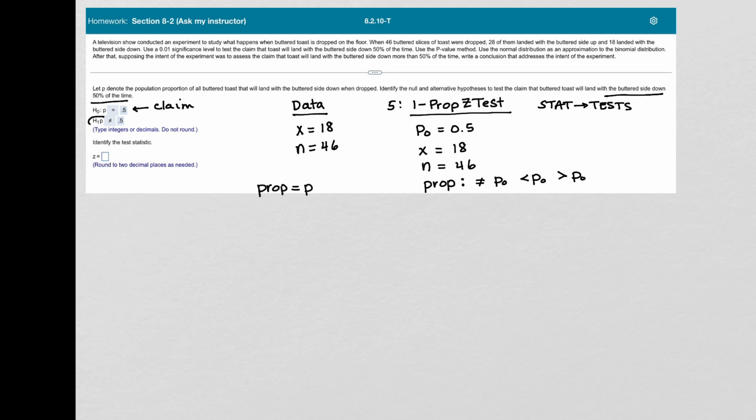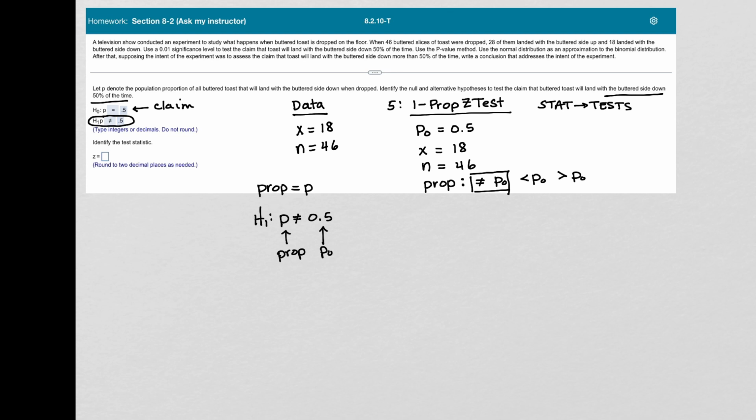So we're looking at the alternative hypothesis, p is not equal to 0.5. The p here is the prop, and the 0.5 is p naught. So we're going to choose not equal to p naught for this particular instance. But just keep in mind that the p0 or p naught is not the variable p, so that gets people confused sometimes.